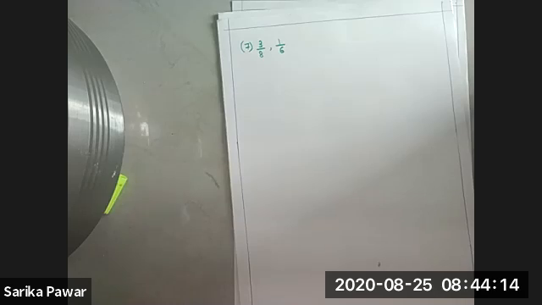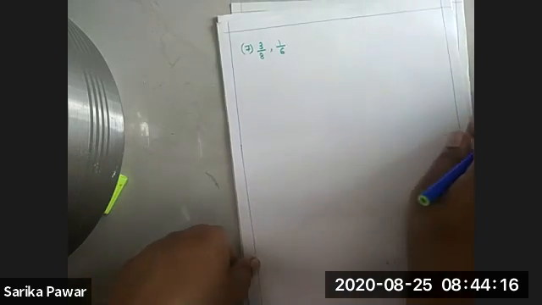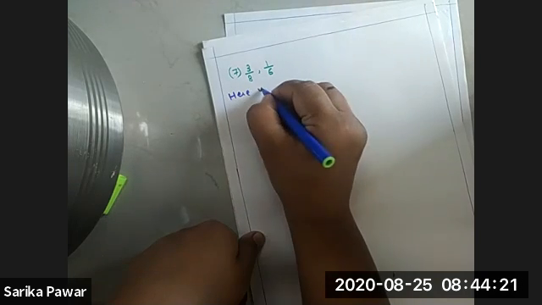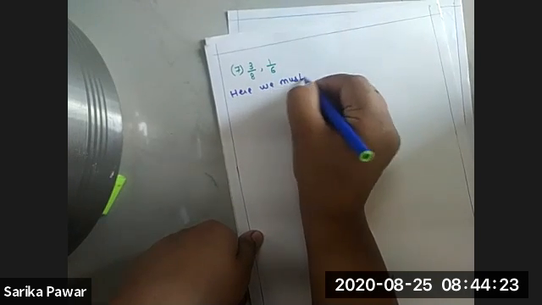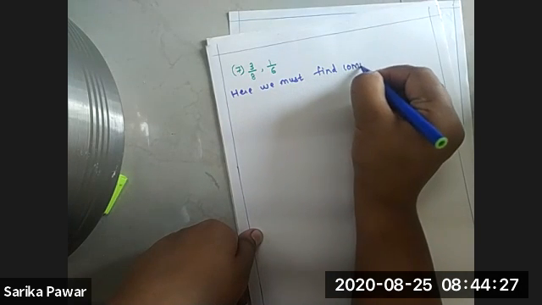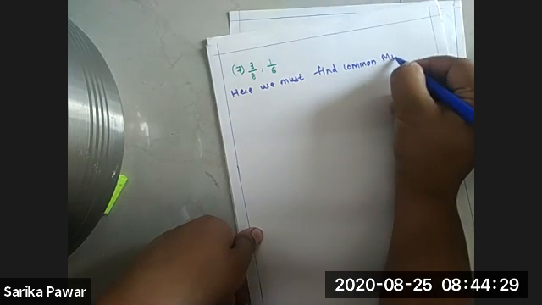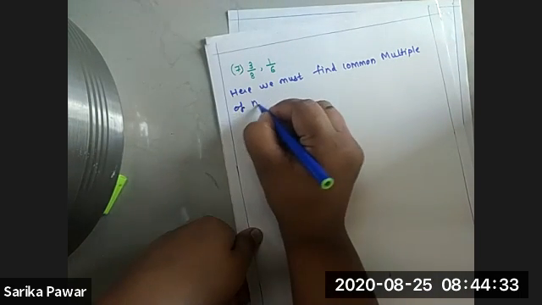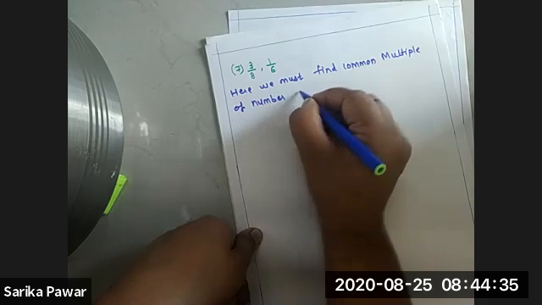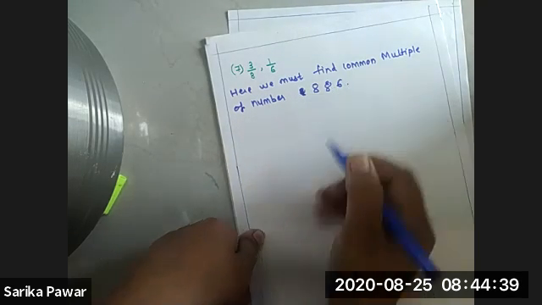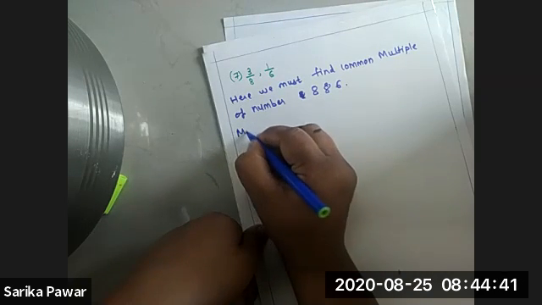Here also we have to find a common multiple of the numbers 8 and 6.